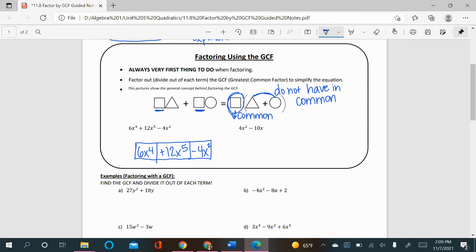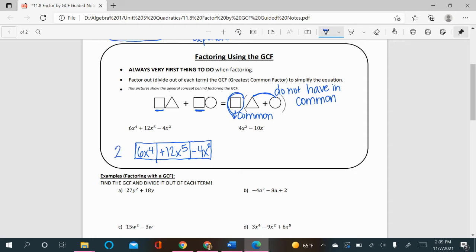So then we're going to look at what we can divide by all of those. So I know that I can divide 6, 12, and 4 all by 2. That will be the highest thing that I can do there.